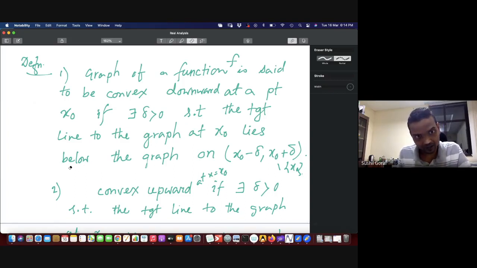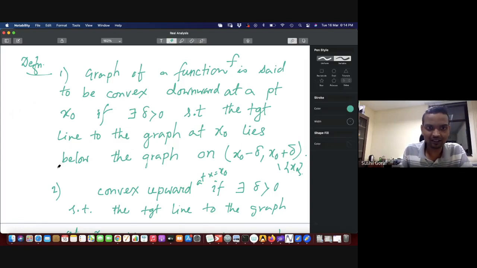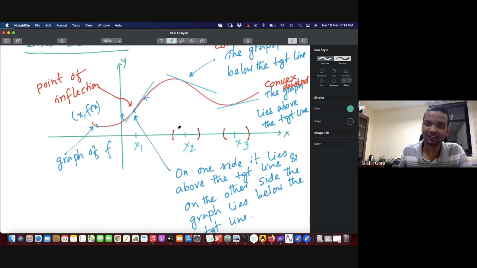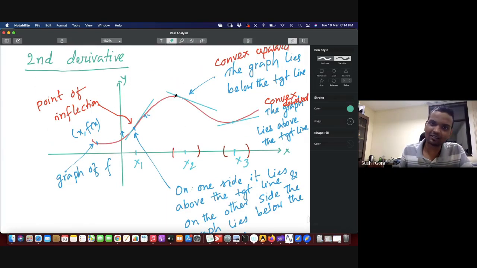If you look at this as a strict one, strictly below, then you are right, it will be if and only if. But if you also allow that equality over there, then it will not be right. So the tangent might exist here at one point, but there might be a graph such that the tangent line is actually equal to the graph there.